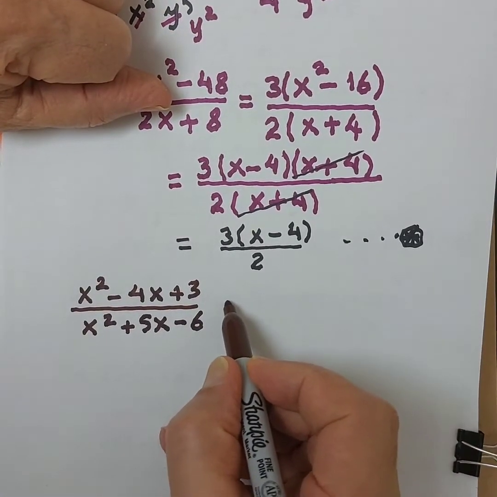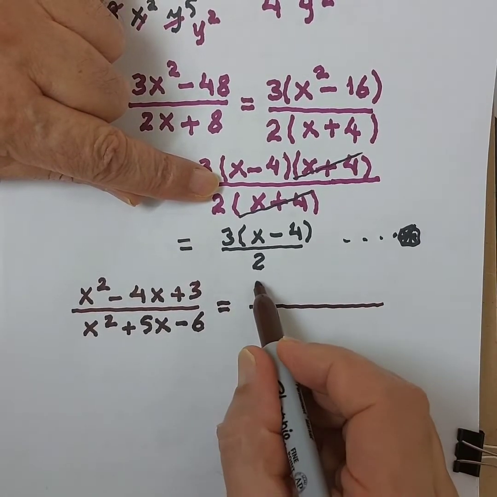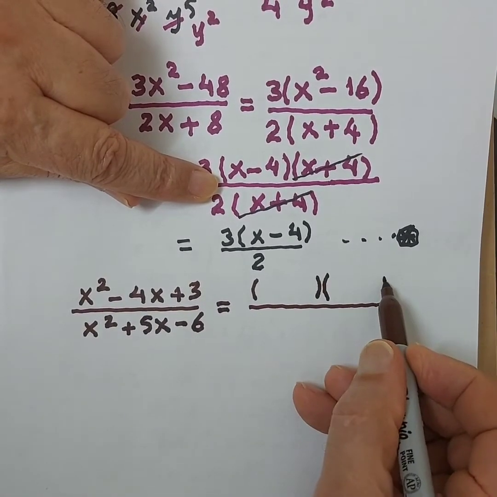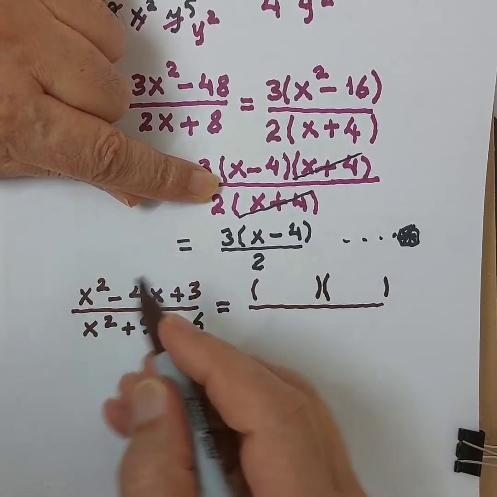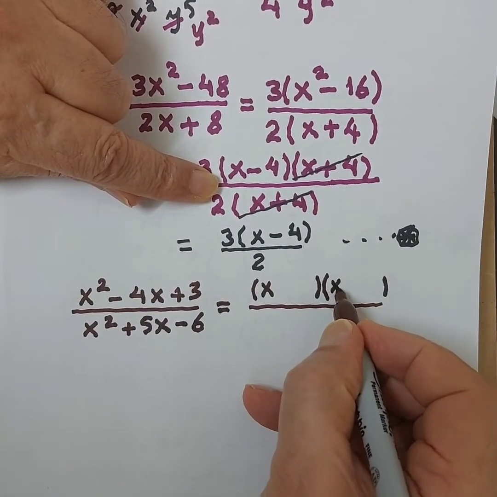The numerator can be factorized by making 2 brackets here and another brackets, and x squared can be considered as x by x.